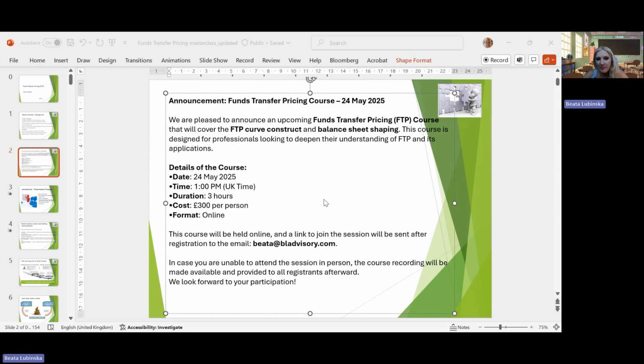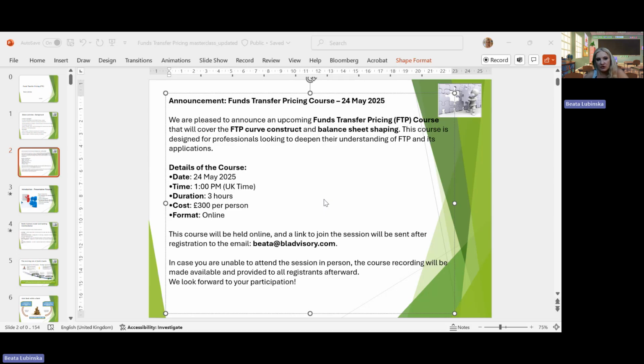You can dampen the curve if you want to achieve asset momentum. So if you want to originate more long-term assets, you will be dampening the curve on the medium-long end, and you will therefore be charging less FTP rate for assets, but at the same time, there will be just the opposite outcome for the liabilities.